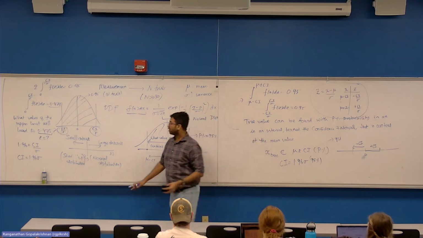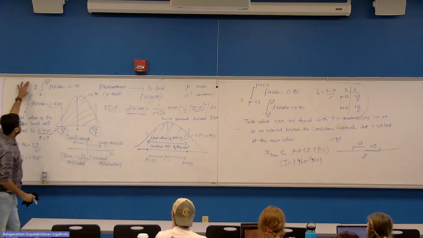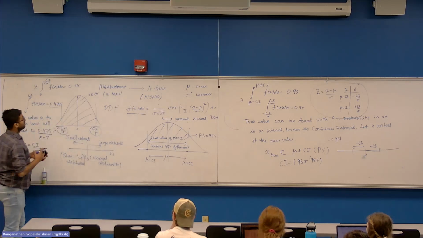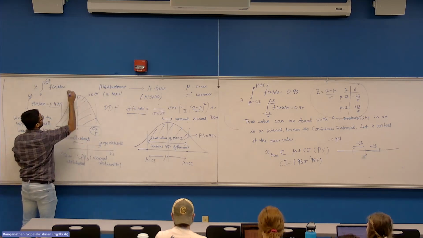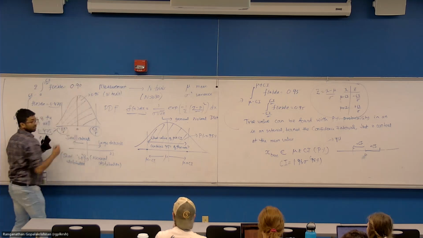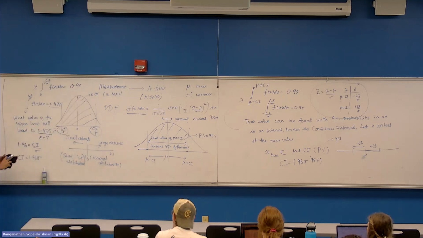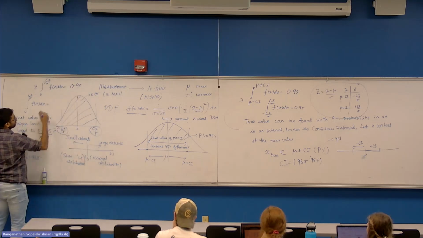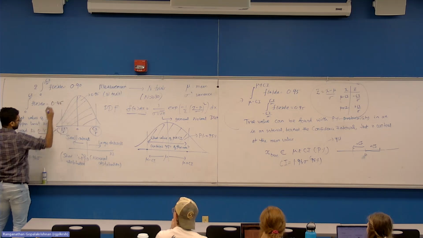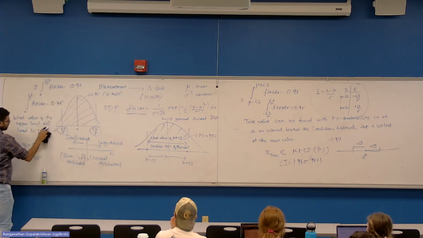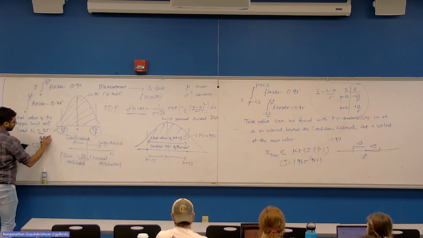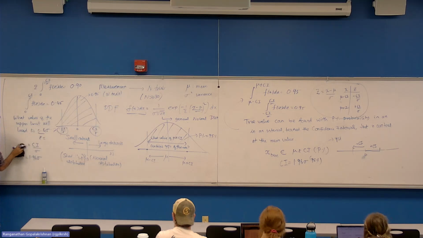So if you master this step right here, in the exam I might ask you for 90%. If it is 90%, half of that is 0.45, and what value of z will that be? Look at the table and tell me.